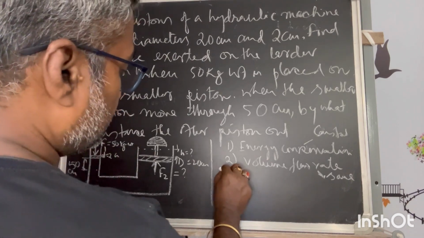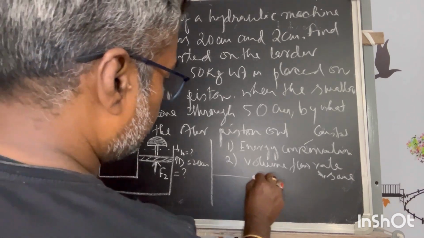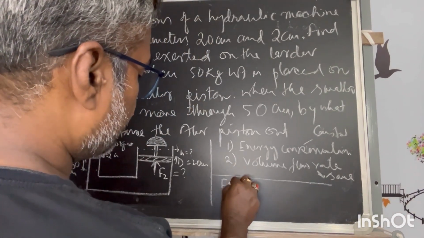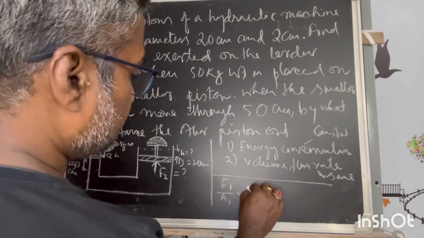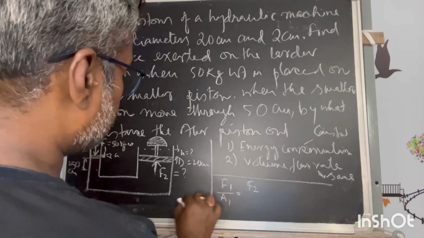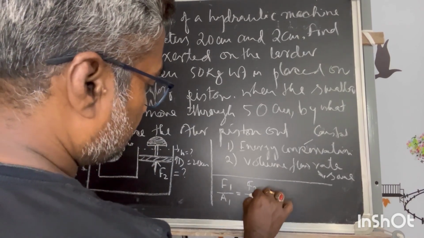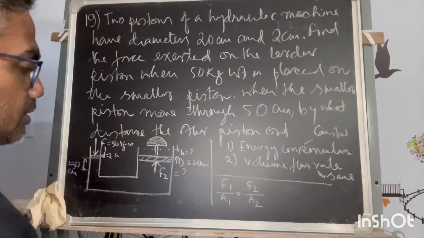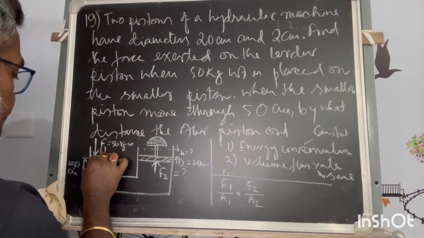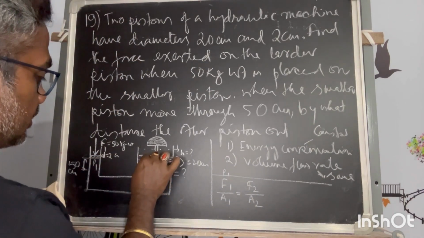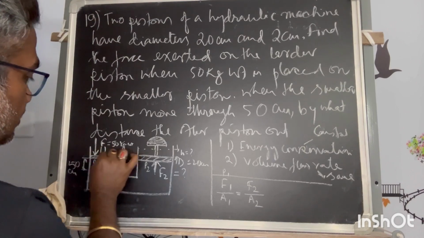My force on the smaller arm is F1 with cross section A1, and that must be equal to F2 force exerted on the higher arm divided by its cross section, because pressure P1 equals P2 at any horizontal line.